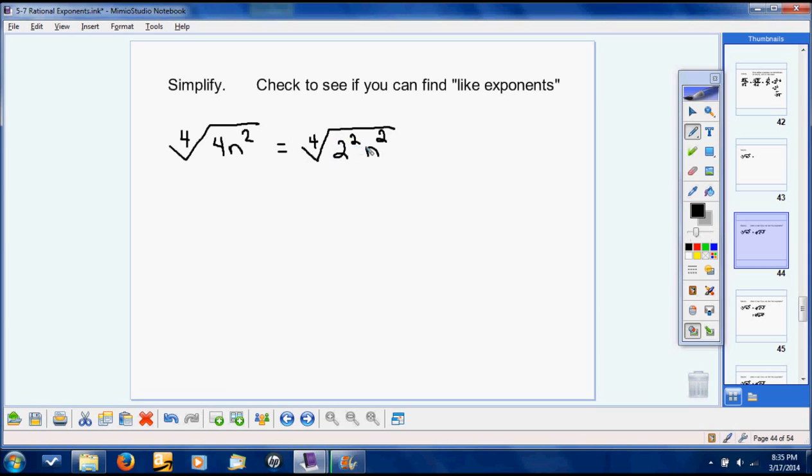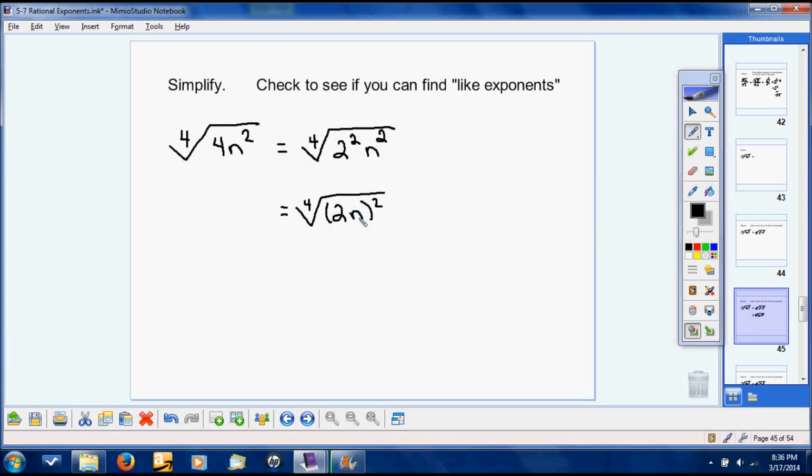Now, since these are the same exponents, that means you can write it as 2 squared times n squared, or you can combine these, put them in parentheses, and use 1 squared between them, like this.